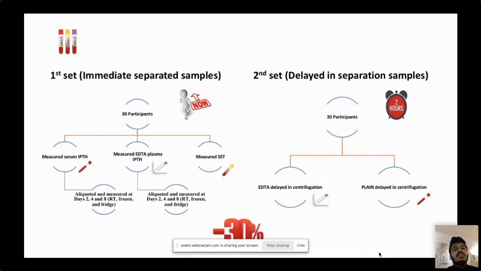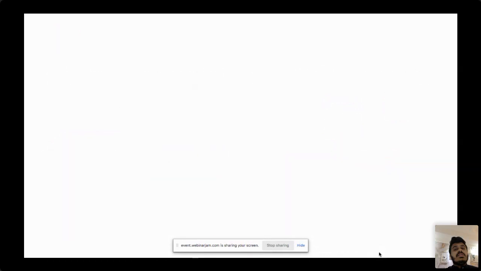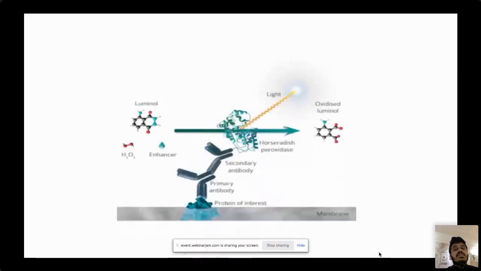We set minus 30% as clinically significant, depending on CLIA. We measured parathyroid hormone by using chemiluminescence, Architect i2000.